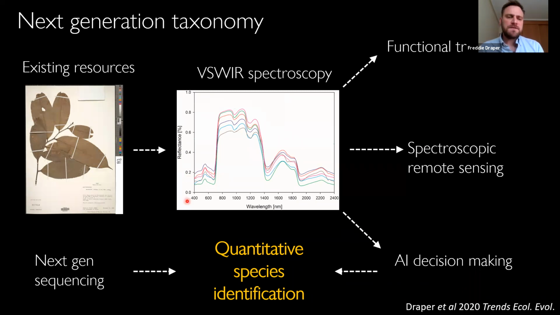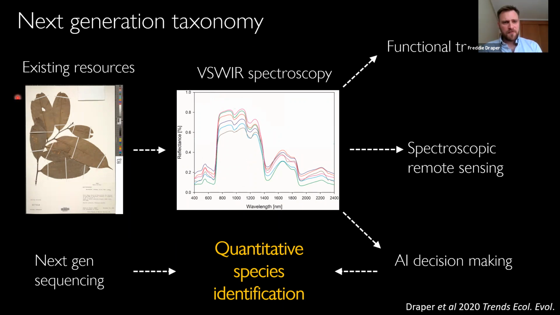But I think subsequently we've seen that it doesn't really work well in these hyperdiverse Amazonian forests. And I'm a proponent of using spectroscopy. This is leaf-level spectroscopy, where we're measuring reflected light from leaf surfaces, and we can use this approach to identify species based on their reflectance signal.